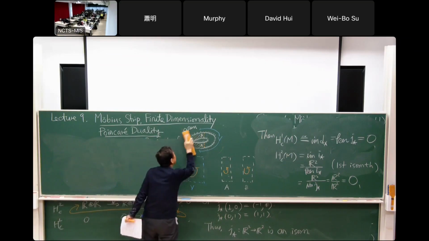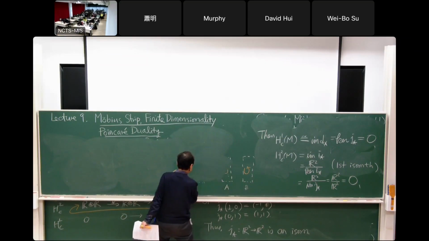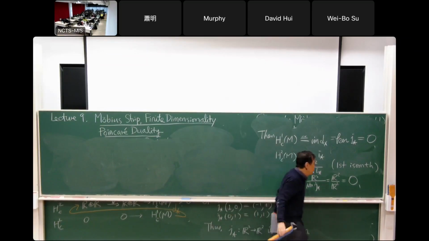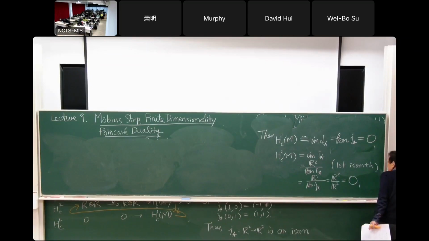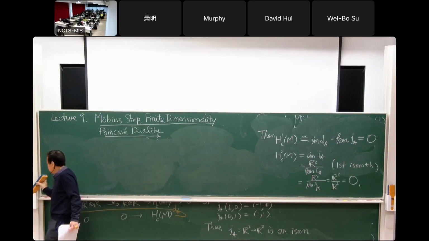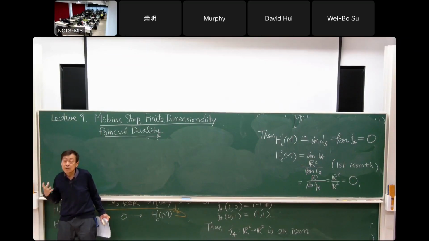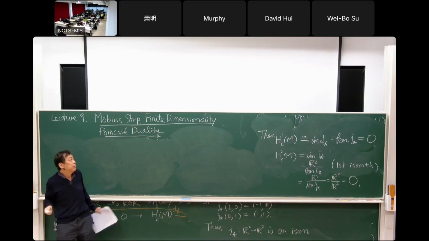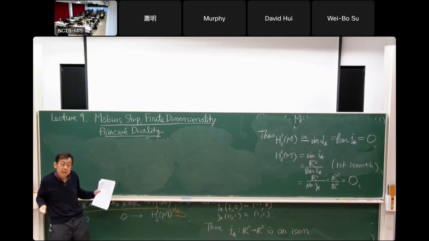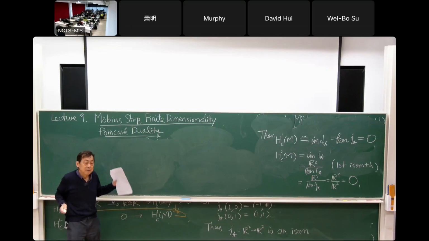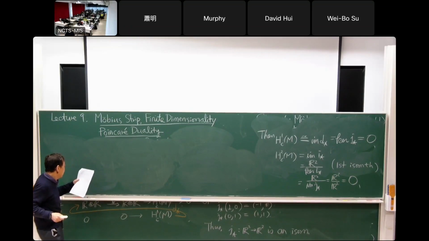The way I will prove this theorem is to use the Mayer-Vietoris sequence in a special way. It's actually a general method that you can use to prove many different theorems. We'll use the same method to prove Poincare duality and the Künneth formula and the Thom isomorphism. So it's an important technique.